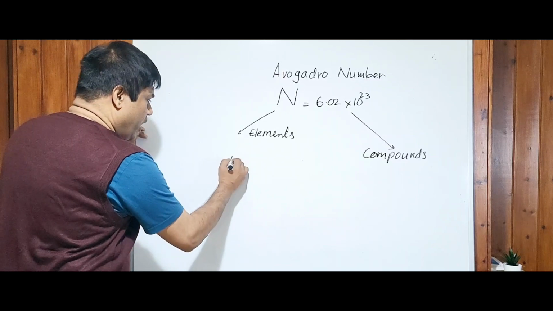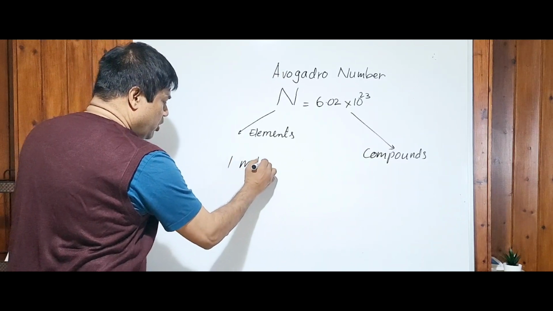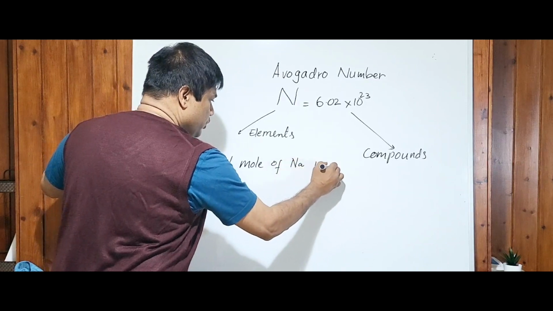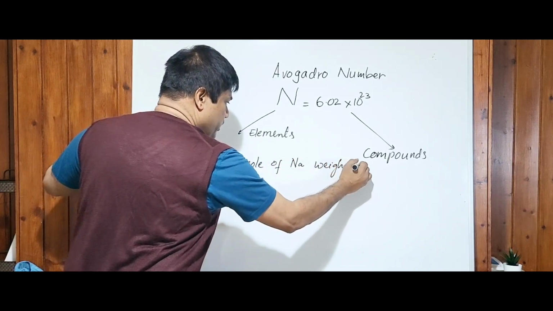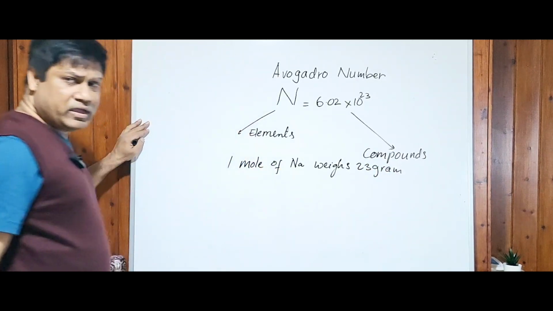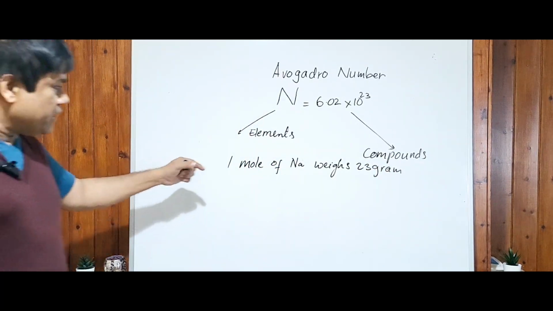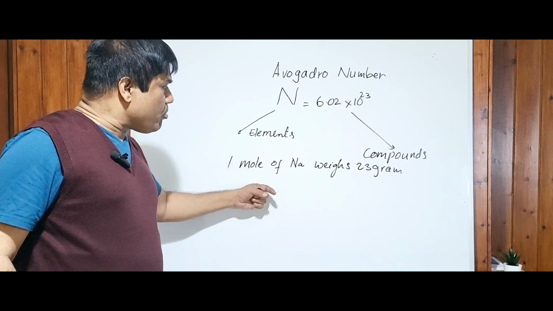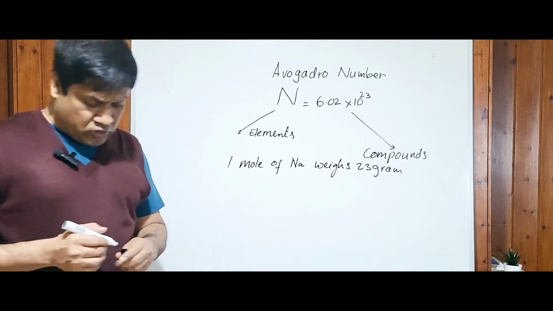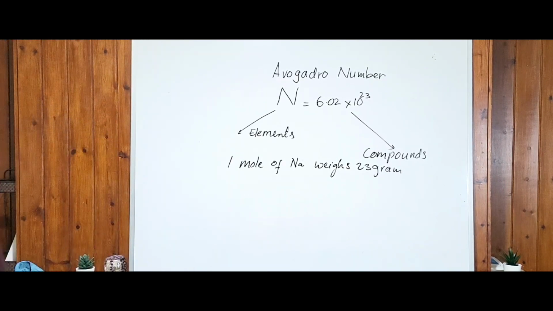Look at that. 1 mole of sodium weighs 23 gram. Okay, that's fine. And how many atoms should it contain? So how to figure that out? Look, I will show you one thing.